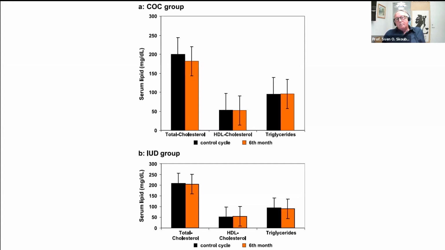You might find small changes in newer products if you compare with levonorgestrel, if you use newer types of progestins, such as drospirenone or desogestrel, or nomegestrol, you will see here that there are minor changes, but all in all, there's no clinical effect using either of these low-dose products on lipid metabolism. In the IUD group, not a surprise, no changes in lipid levels.